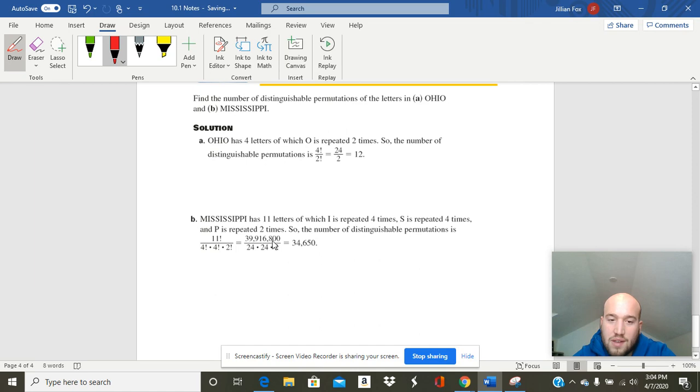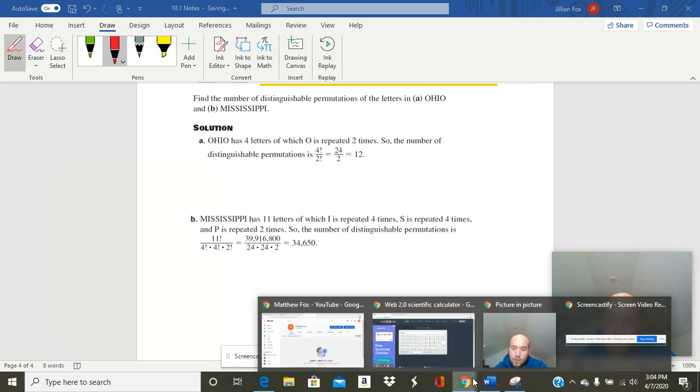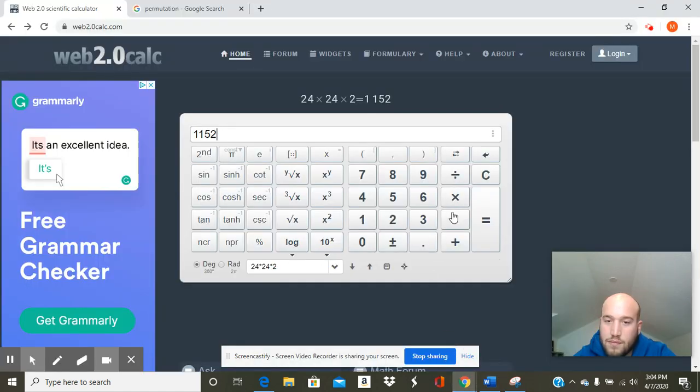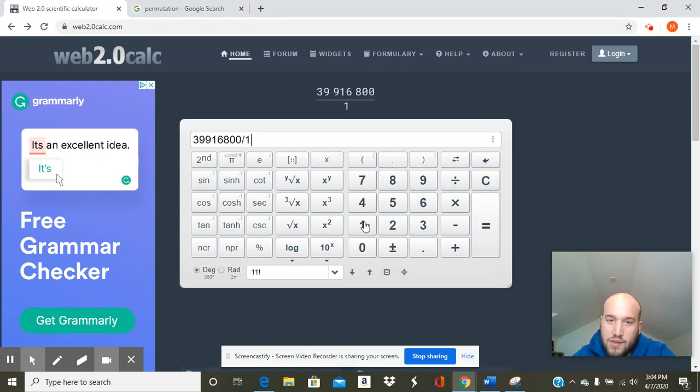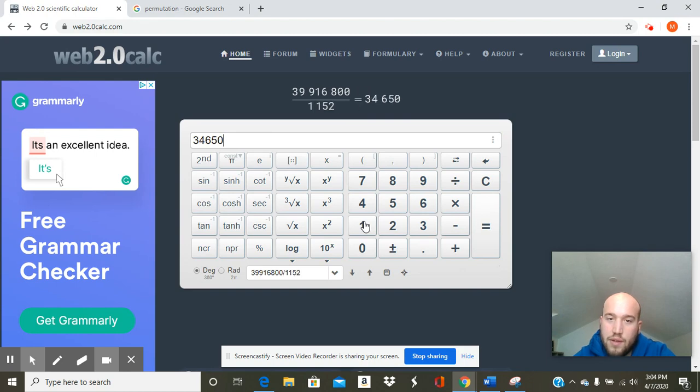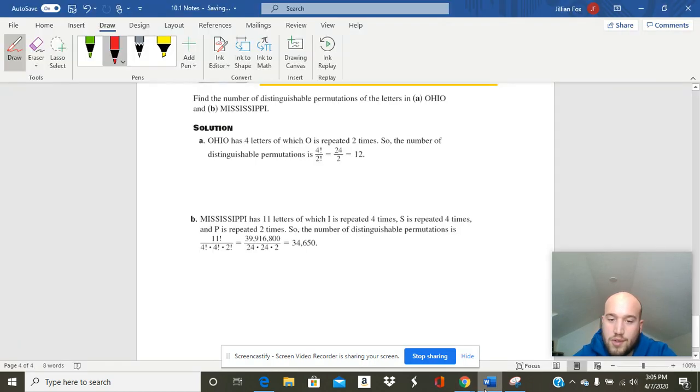We'll divide this 11 factorial by that 1,152. And you see we get 34,650 different permutations. Now, obviously that's got a lot more different permutations because there's a lot more letters involved.